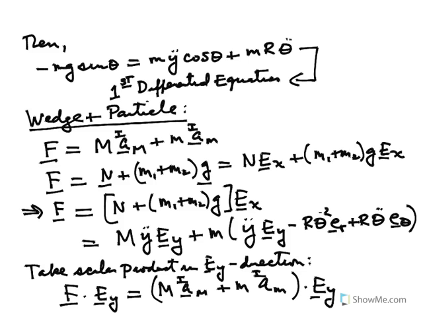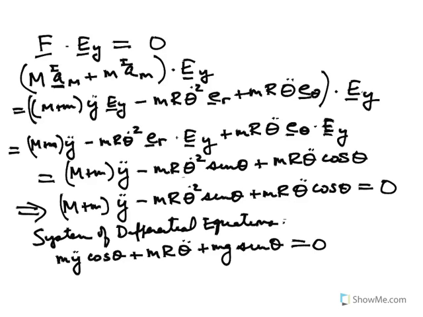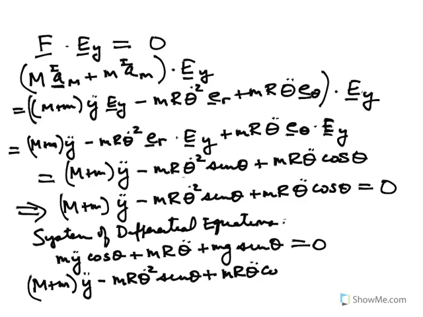And then the second differential equation is M plus little m times y double dot minus mr theta dot squared sine theta plus mr theta double dot cosine theta equals 0. So these are the two differential equations that arise from this.